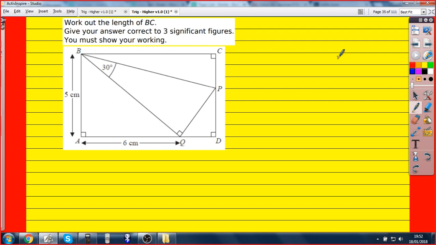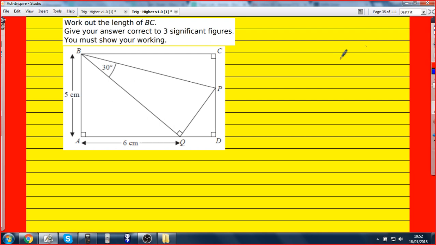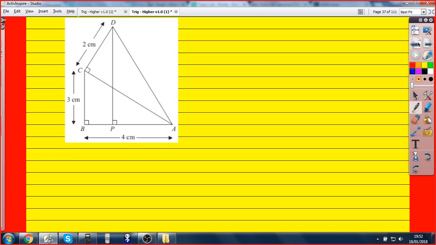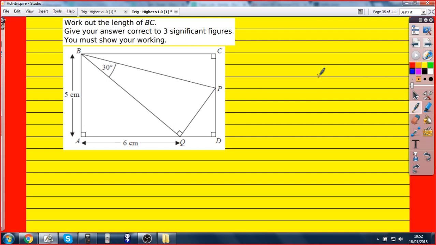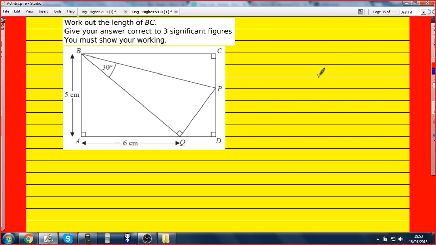Let's try this one. Let me just check. Oh, there's two more. Okay. Work out the length of BC. Do you find the area of the outside? No. Work out the length of BC.